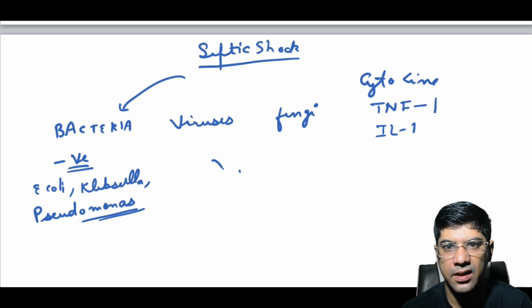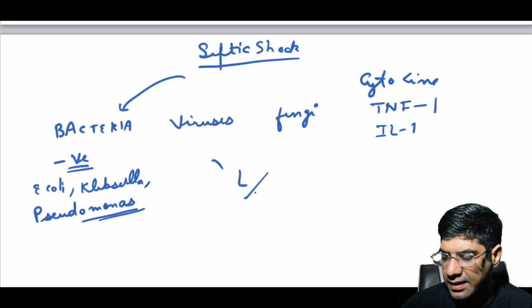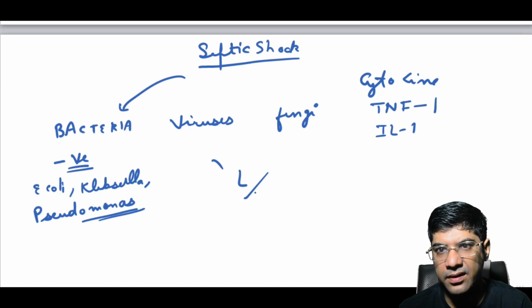There may be fever, altered mental status, and elevated lactate level. The increase in lactate level is due to anaerobic metabolism and is a key marker of tissue perfusion.